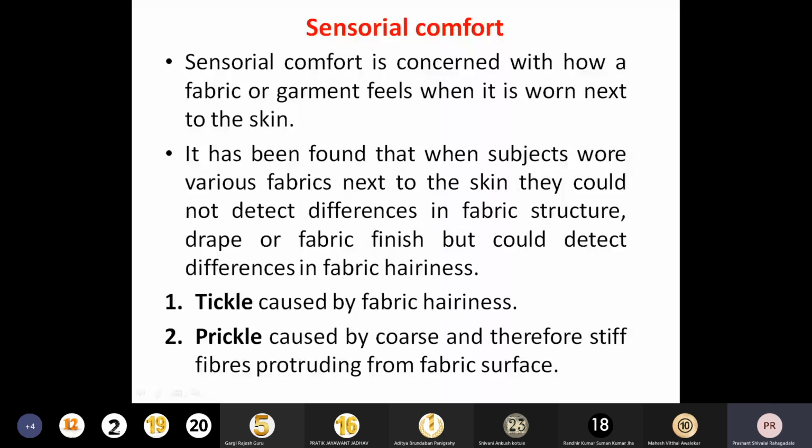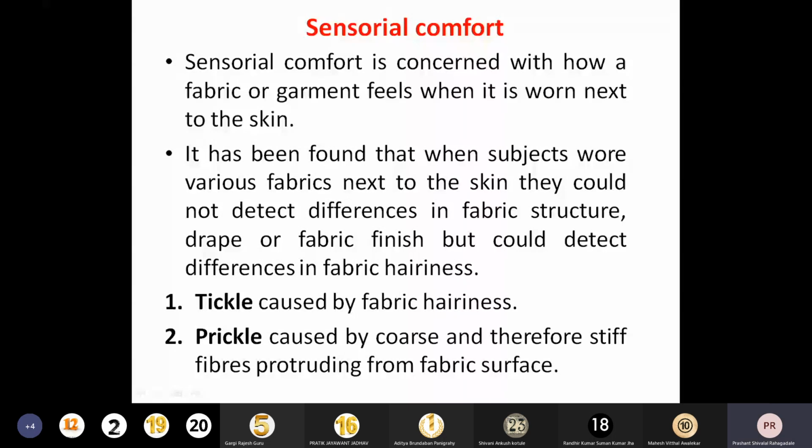If your fibers which are protruding from the fabric surface are stiff, then this type of sensation is there. And this sensation can be affected by the diameter of your fiber, and also the length. Length also matters here, no doubt.